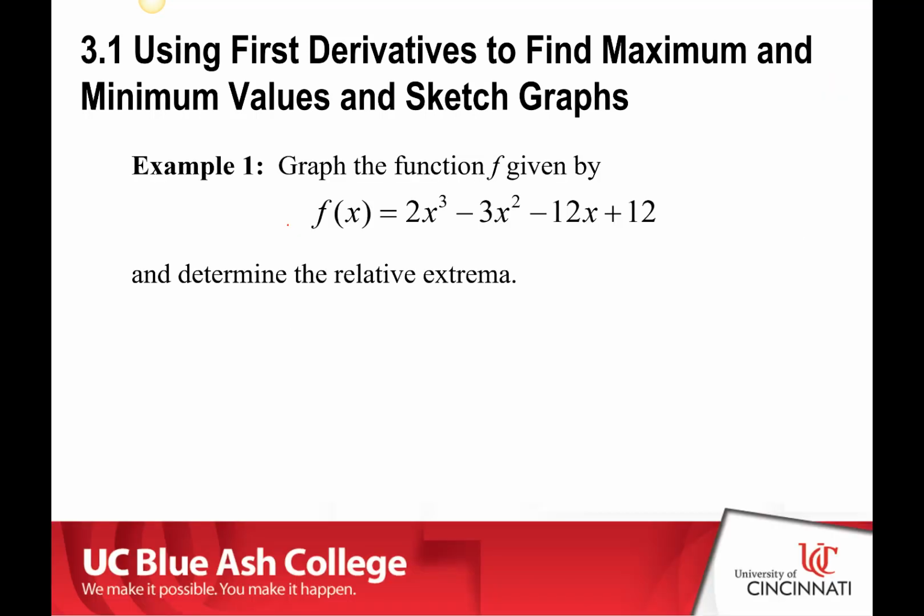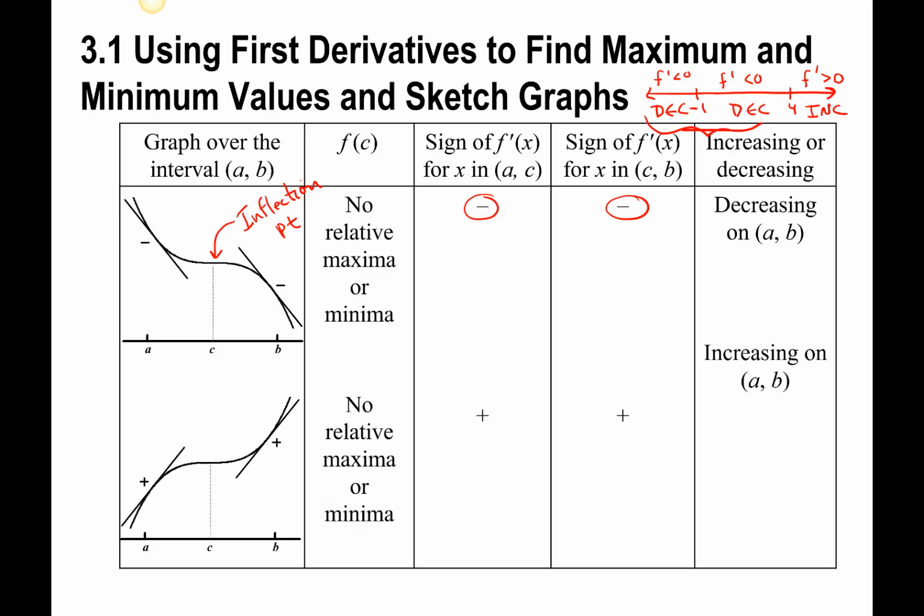An inflection point makes reference to the fact that the concavity changes. The direction you're headed doesn't change, but the shape headed in that direction changes. To the left here, you can see it's concave up. And on the right portion, you can see it's concave down.